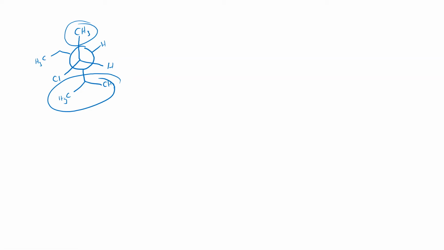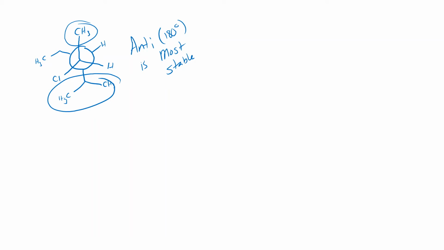If we had drawn one where they weren't 180 degrees from each other, we would just rotate one of the atoms until we moved them into this anti-relationship. Anti, 180 degrees, is most stable. This is our idea going forward.